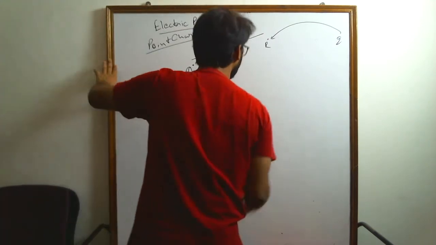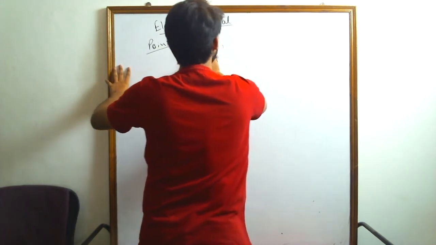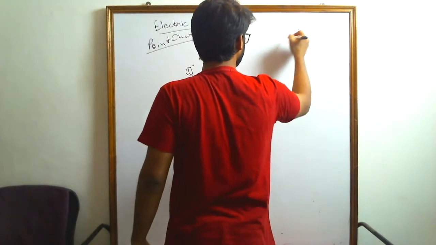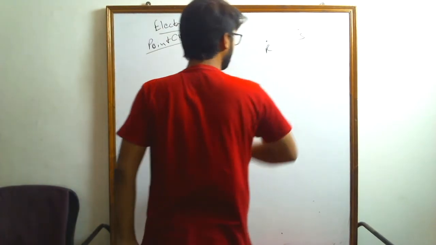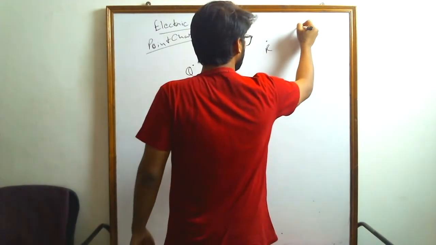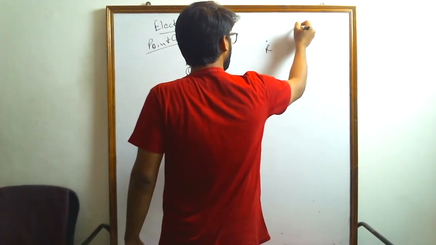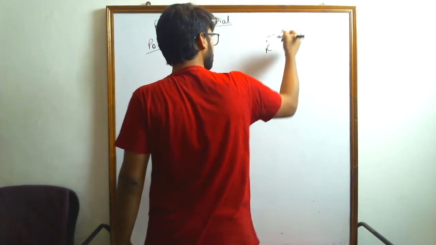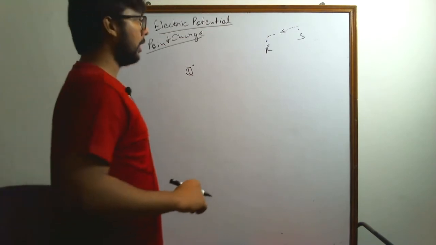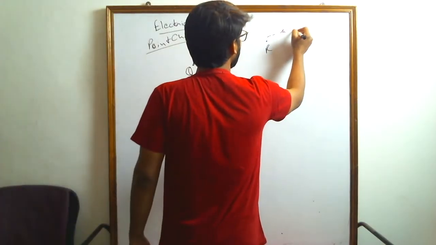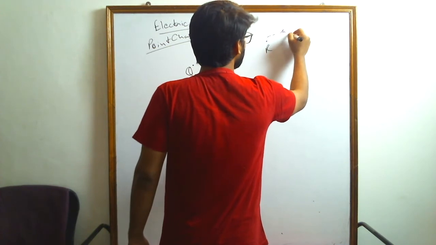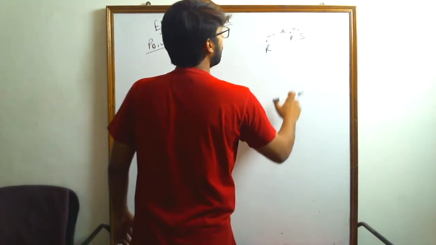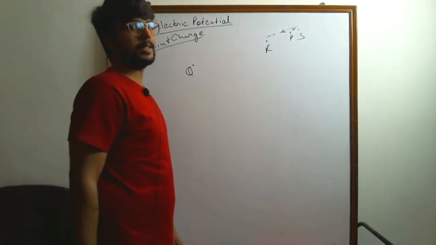Suppose I have 2 points, 2 positions, S and R. My charge, the unit charge, moves from this to this, and say it has arbitrarily come to this point P, which is R dash away from S. Okay, let's understand.